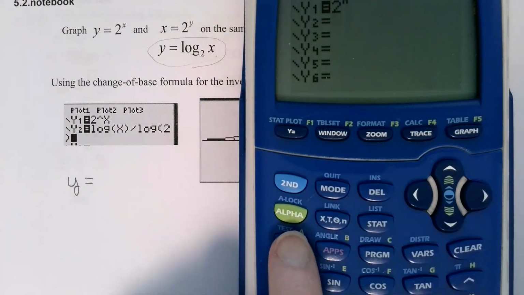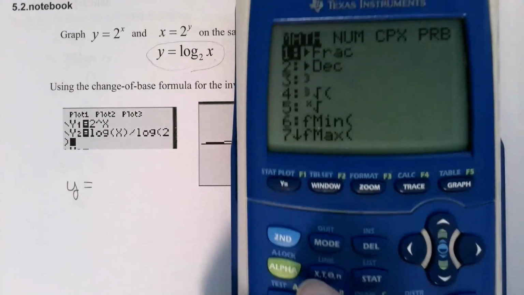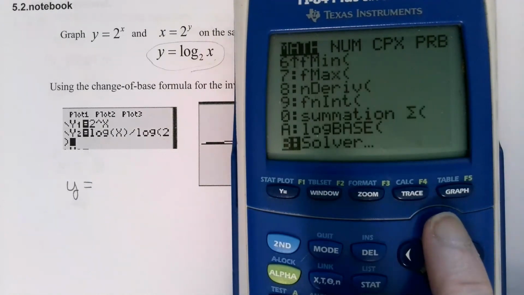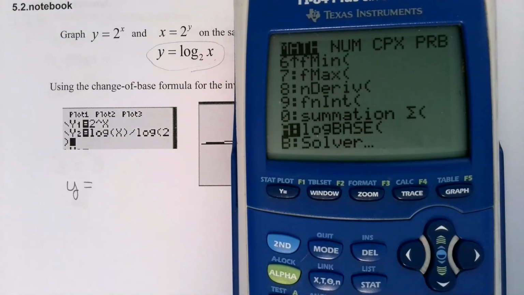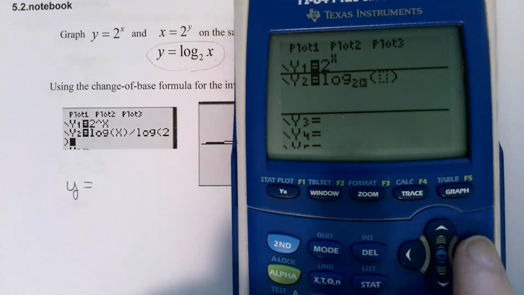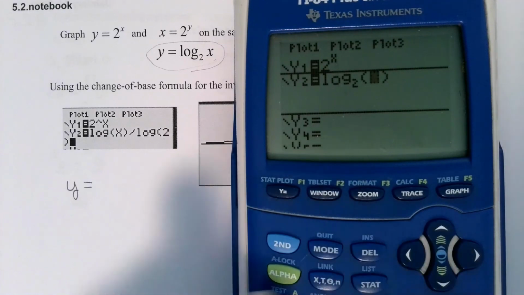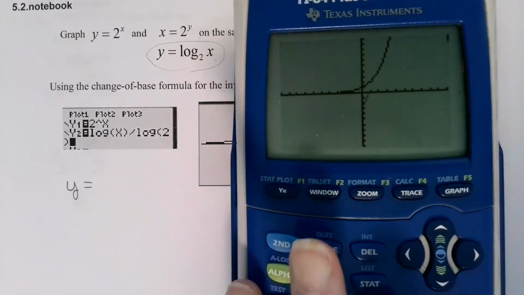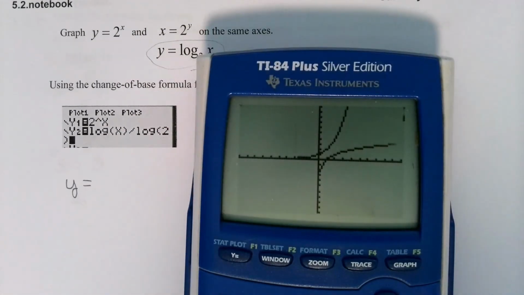Go to my math key. And I'm going to go to find log base. And then I'm going to put in 2 for my base. And I'm going to put in x for the argument. Then my graph of my logarithm function looks like that.